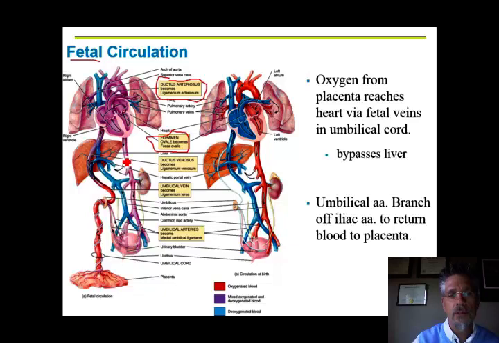But in the fetal circulation, number one, we don't have quite as high a demand, and number two, rather than having lungs that we're going to be exchanging oxygen and carbon dioxide with, we're inside of the womb, we're not actually breathing air. Instead, that exchange is occurring here with the placenta.